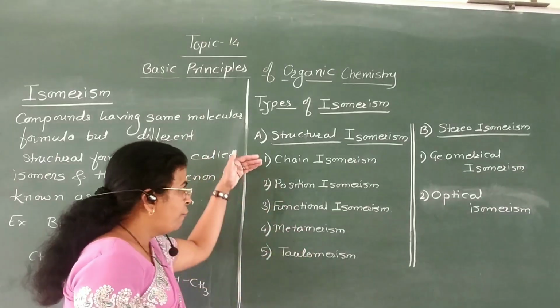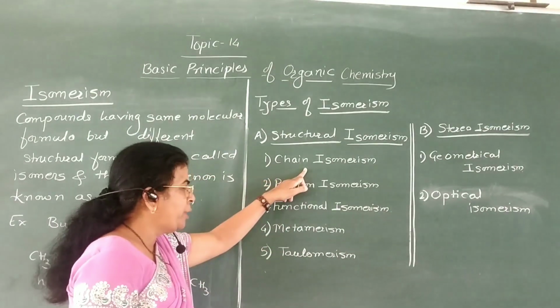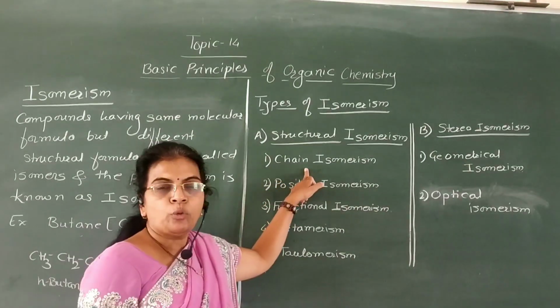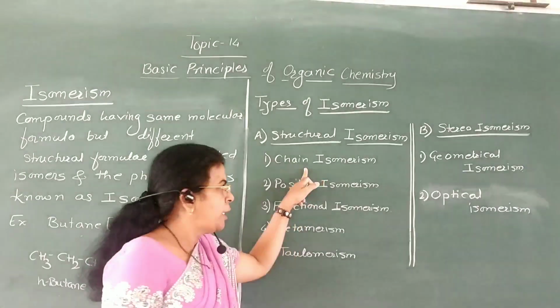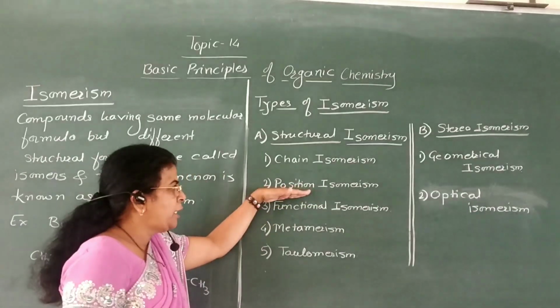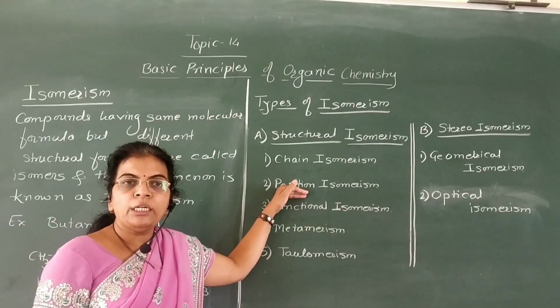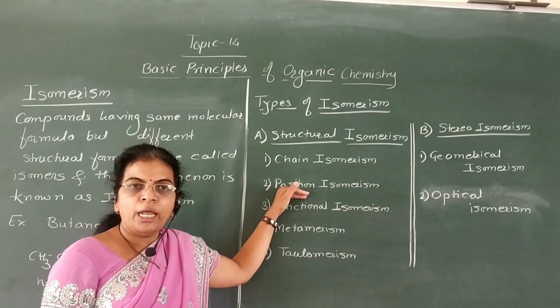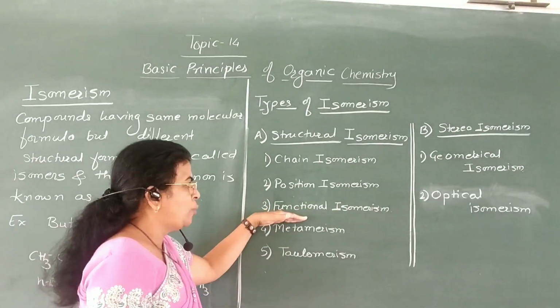These isomers are called stereoisomers, and this phenomenon is known as stereoisomerism. Now there are 5 types of structural isomerism. First is chain isomerism. This chain isomerism is generally present in saturated and unsaturated hydrocarbons. Then second is position isomerism. Position isomerism is present in case of unsaturated hydrocarbons, that is alkenes or alkynes. Then functional isomerism.